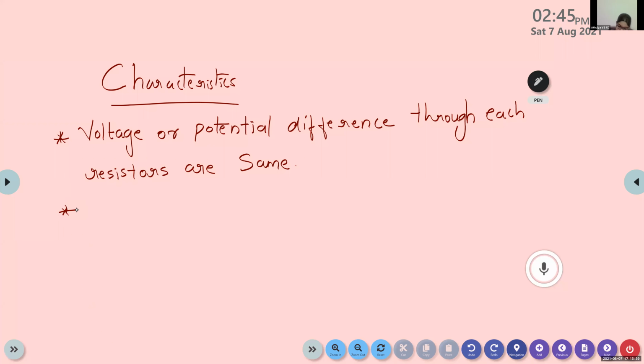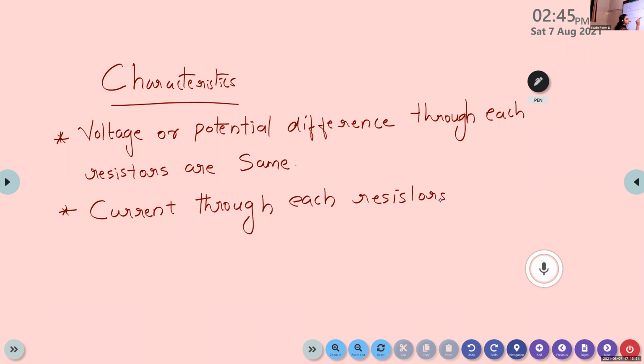So in a parallel combination, the current through each resistor is different. The voltage through each resistor is the same, but the current through each resistor is different.